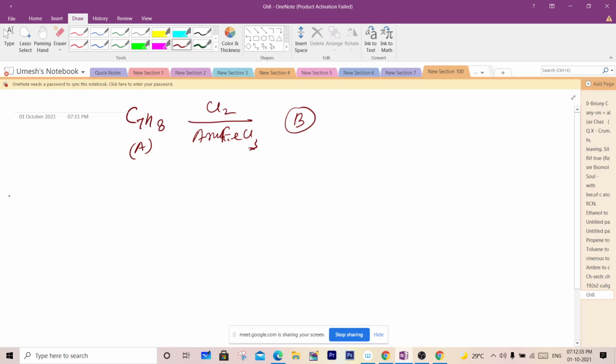You have to identify both A and B. B and C, two products are formed. Basically, in this question, more focus is on the reagent. Sir, can you repeat what is below Cl2? Yeah, Cl2 and anhydrous FeCl3. Okay, sir.